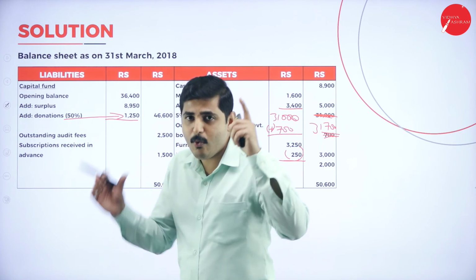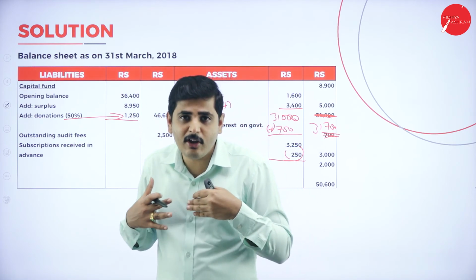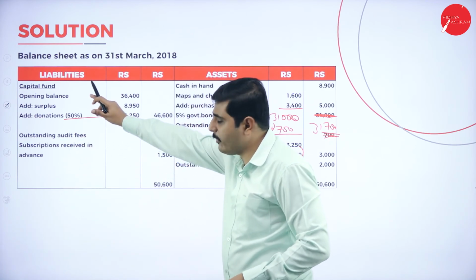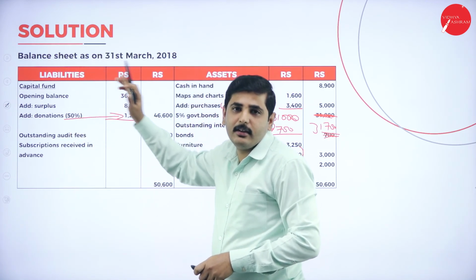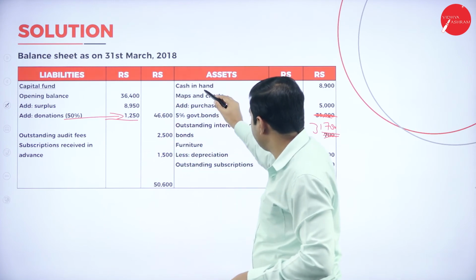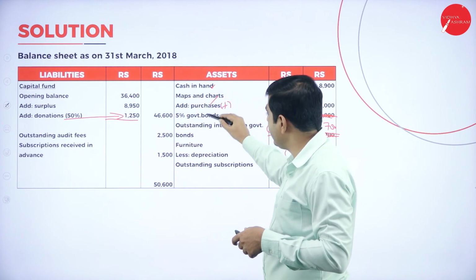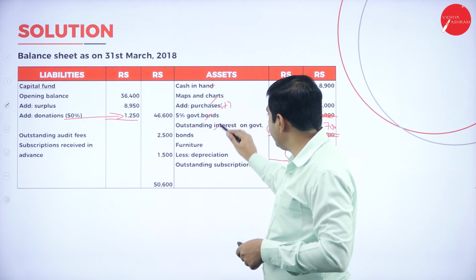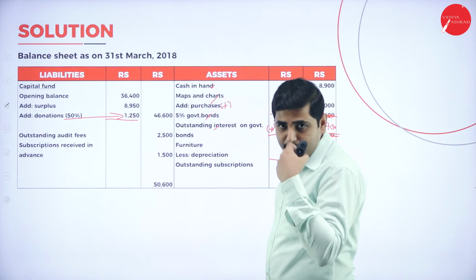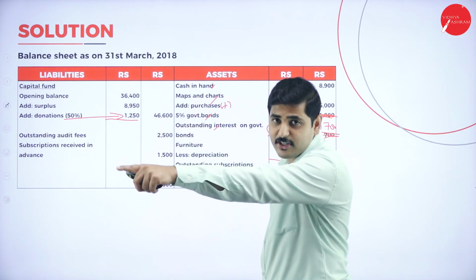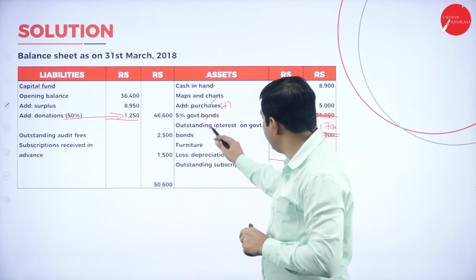What is an asset? Whatever belongs to us is an asset. Whatever belongs to others is a liability. Cash in hand belongs to the company, asset. Maps and charts are an asset. Government bonds are an asset. Outstanding interest on government bonds is our interest, not yet received; it is our money in others' hands, so it is an asset.